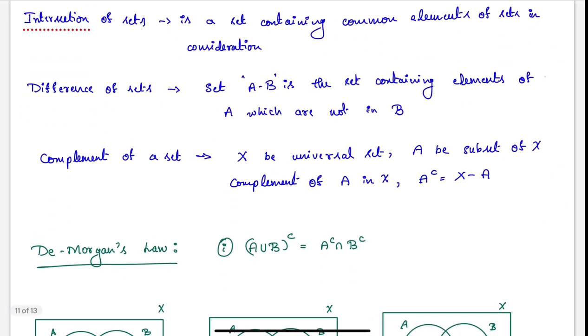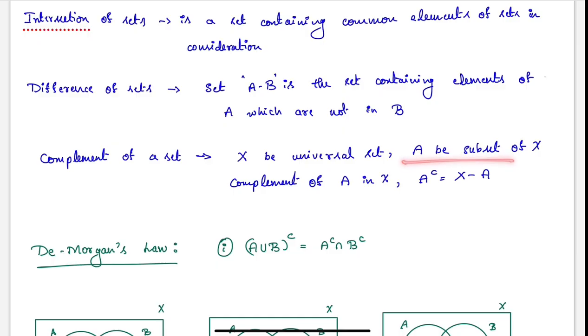The next operation is the complement of a set. Once you understand the difference, understanding complement is easier, because we are considering one universal set here. So complement of a subset in it.